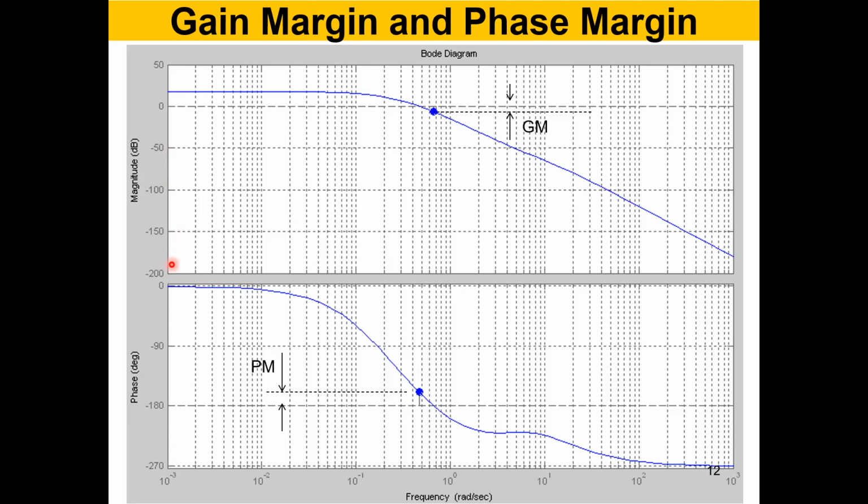You can see for low frequencies like 10 to the minus 3, 0.001 radians per second, very low frequency, you have some gain here above 0. 0 means unity, 1, which means there's no attenuation or amplification.